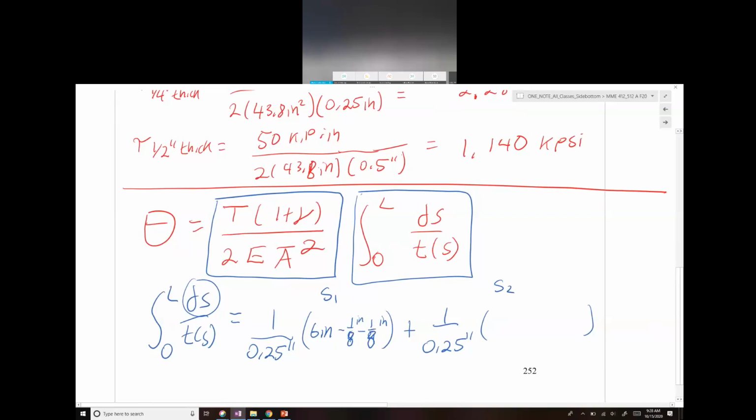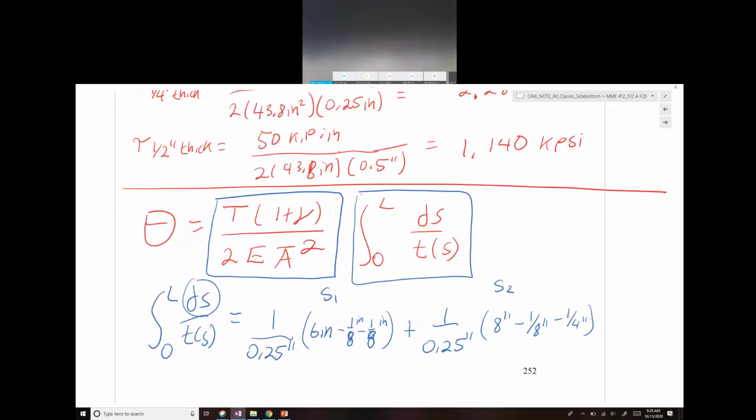Sorry, it should be half the thickness, not the full thickness. Then for S2, it's 8 inches long minus the thickness of the 2 sides. So you'd have the left-hand side would be 1/8 of an inch to the center of the wall, and the right-hand side would be 1/4 of an inch from the center of the wall. All right. And we could then repeat the process for side 3 and for side 4.